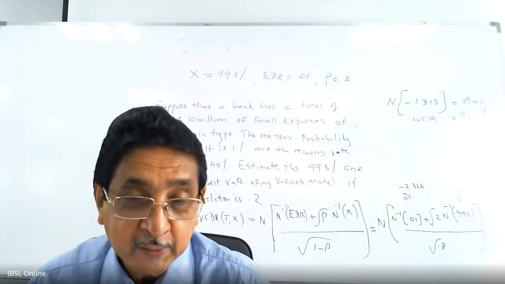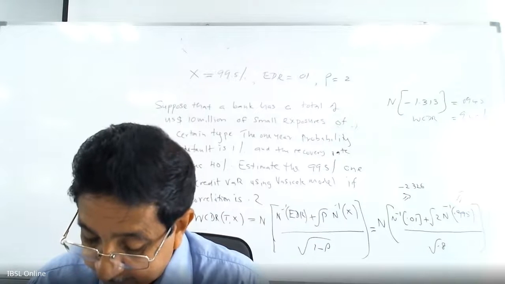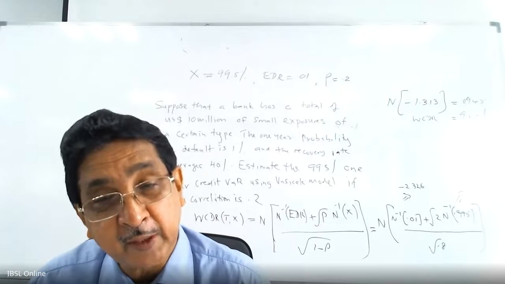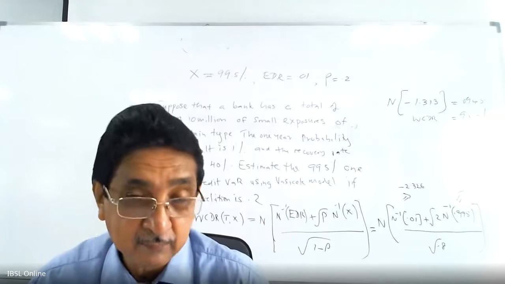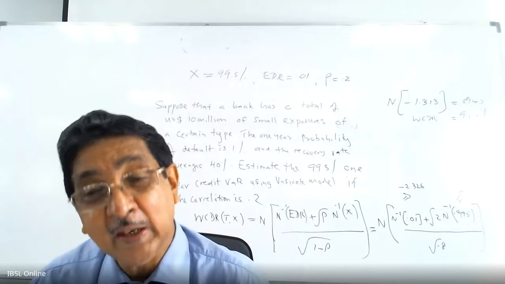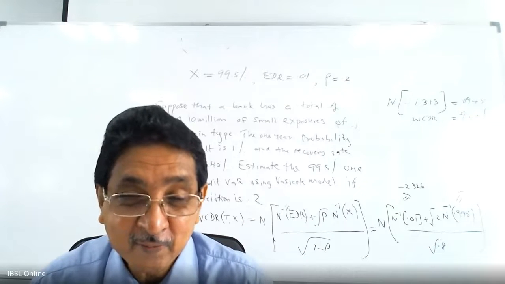Now I just want to ask you another question here. Now this estimation is taken for a 99.5% confidence level. Now if I ask you to do it for 99.9% confidence level, what would happen?